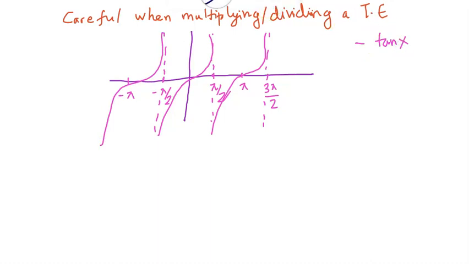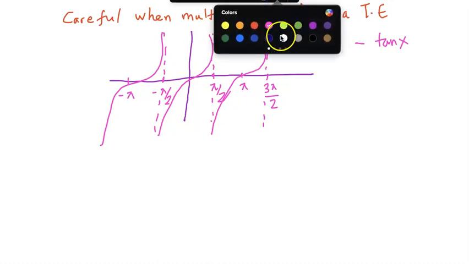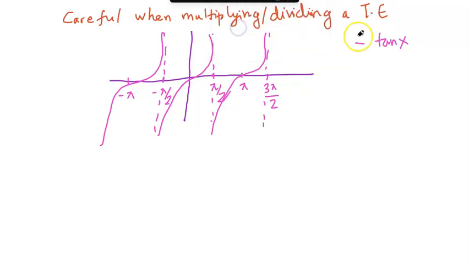And then let's quickly graph secant x in a different color. Now secant x is 1, excuse me, when x equals 0, and it will be 1 here, right?